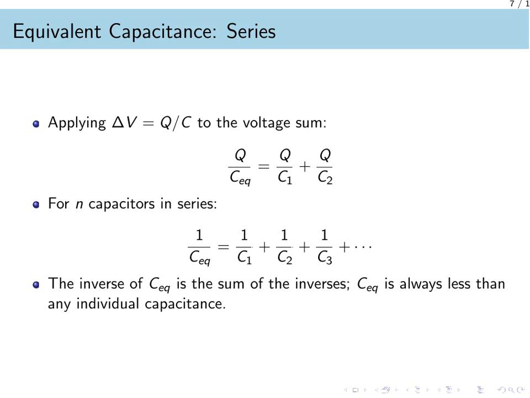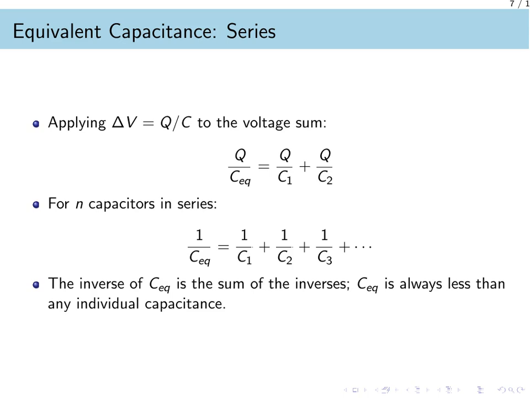Let us derive the equivalent capacitance for a series combination. By applying the definition of capacitance, we substitute voltage with charge divided by capacitance into our voltage sum. This gives us the total charge divided by the equivalent capacitance equals the total charge divided by capacitance 1 plus the total charge divided by capacitance 2.